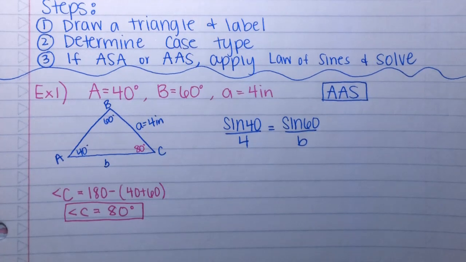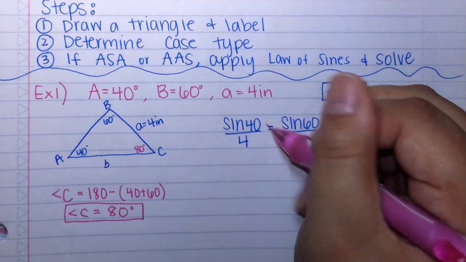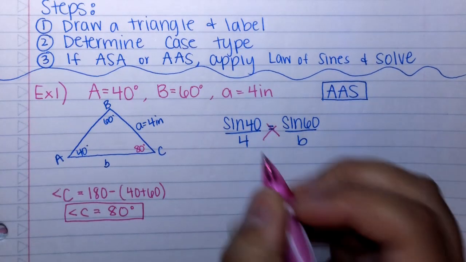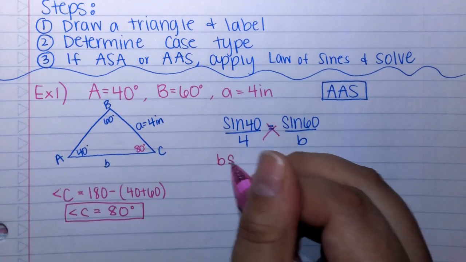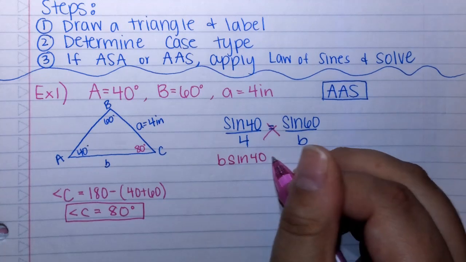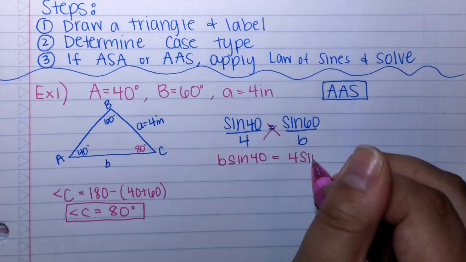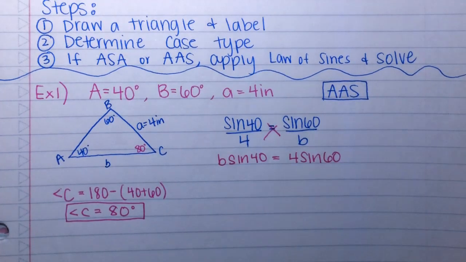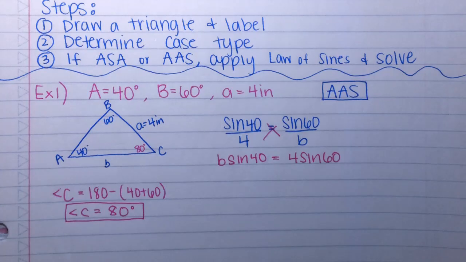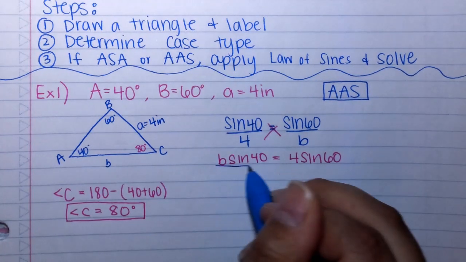And I solve. How do I solve this? Cross multiply. I'm going to cross multiply. That's going to give me b sine of 40 equals 4 sine of 60. And then what? Isolate b. How do I get b by itself?